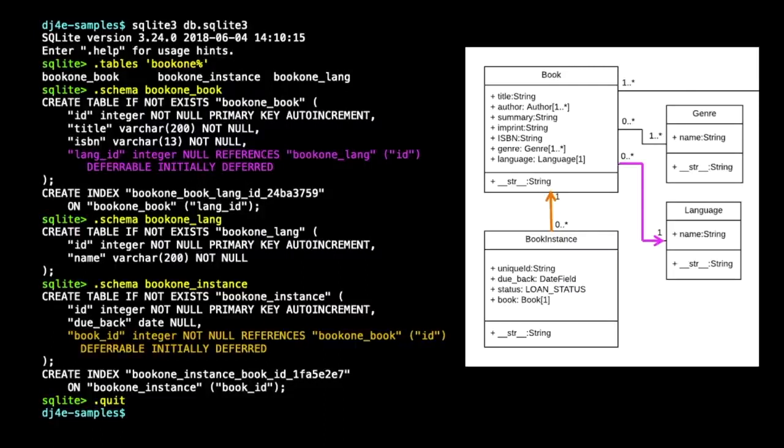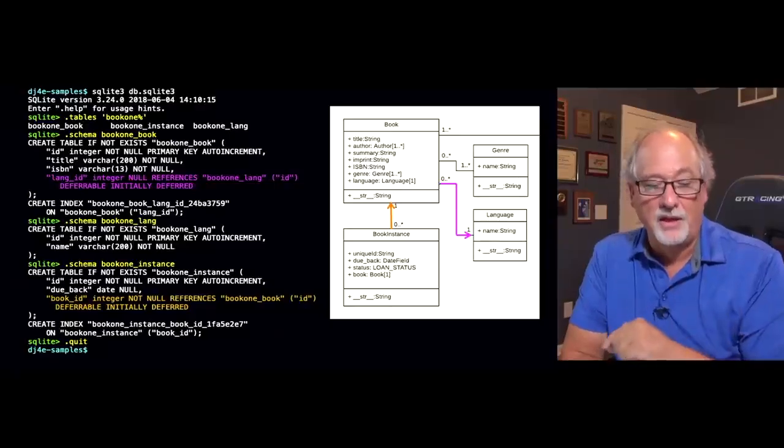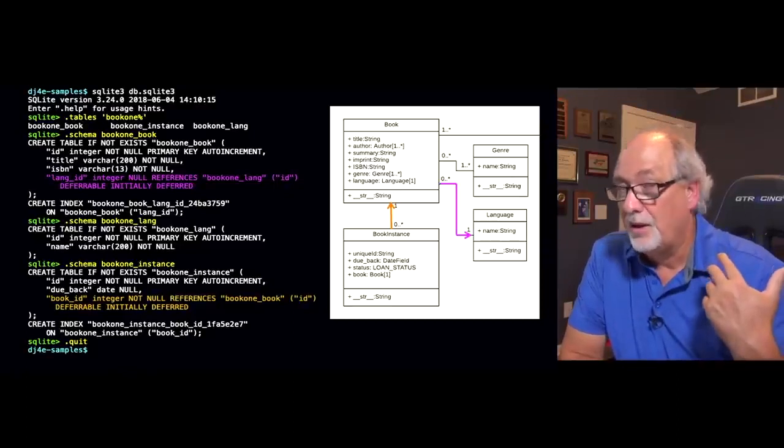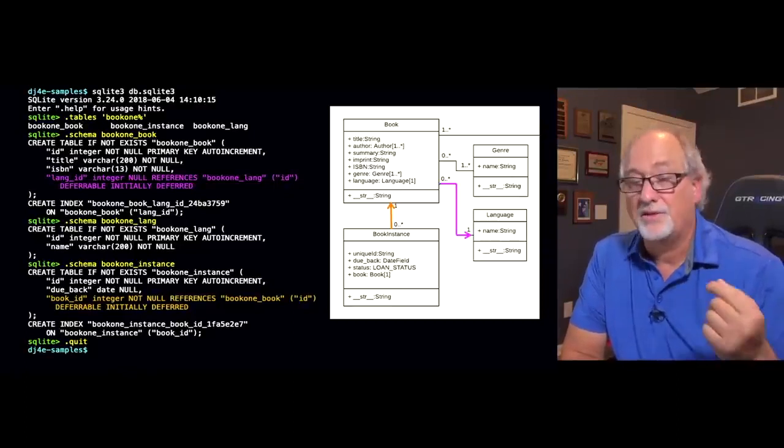If we take a look using the schema command of book1, we can see how the migrate statement produced the table. We created a book1_book. It has ID, auto increment, all that stuff from SQL. It's got a title, it's got ISBN, and then it's got this lang ID. That's the foreign key, so it's actually building the foreign key the right way. In SQLite, there's one way of building foreign keys. In MySQL, there's a different way.